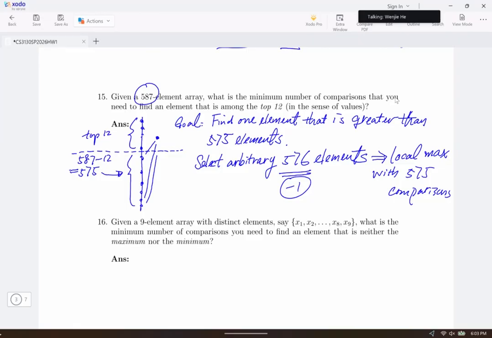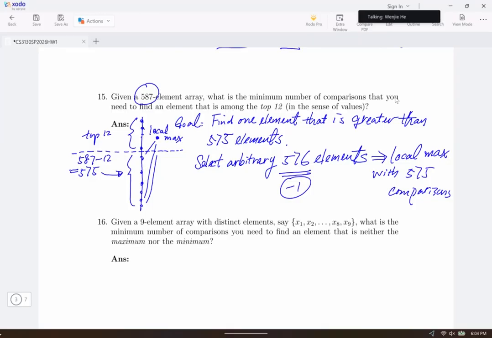Now we know that the local maximum should be above the lower portion of those 575 elements. So this is the local max here. That's a solution.